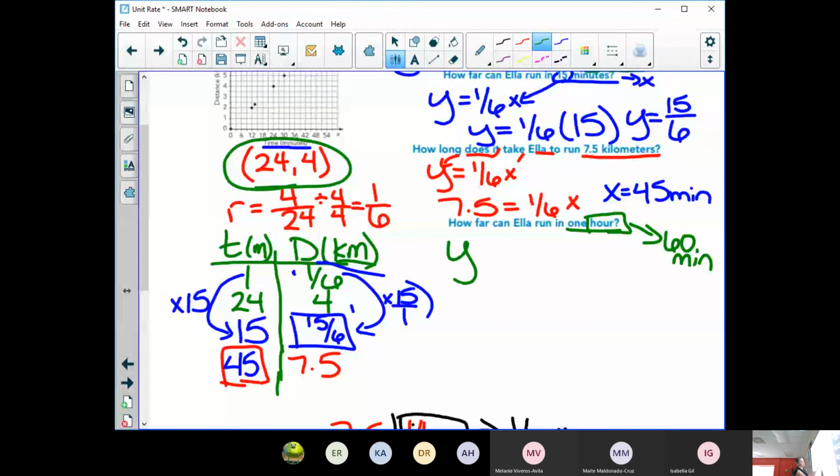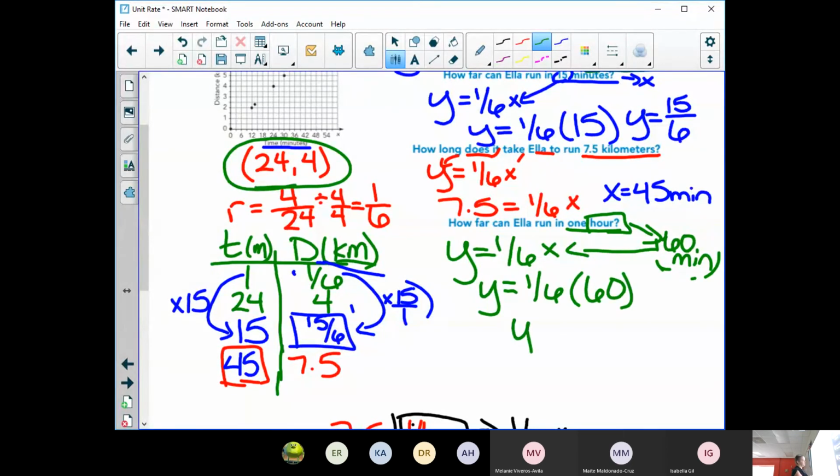So I'm going to write my equation again. y equals 1/6 x. Minutes is my x. So y equals 1/6 times 60. And if you take 1/6 times 60, what answer do you get?